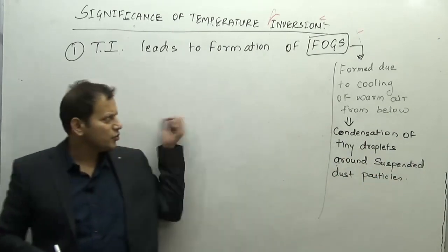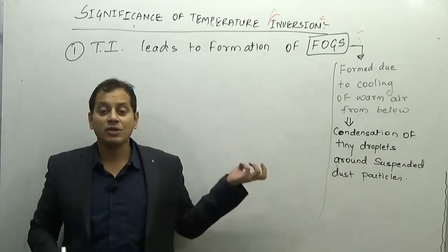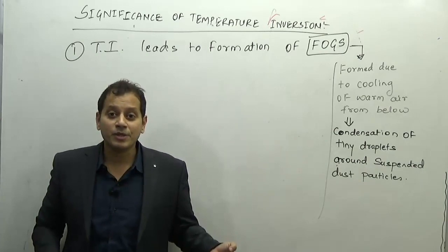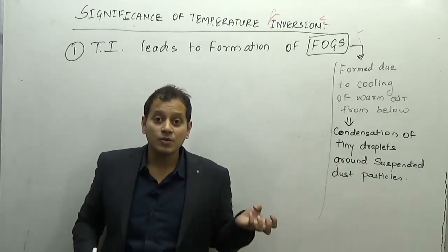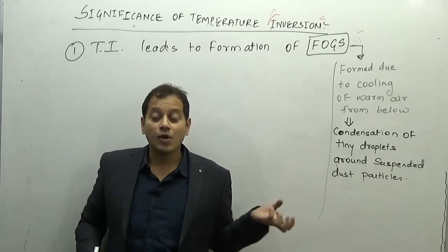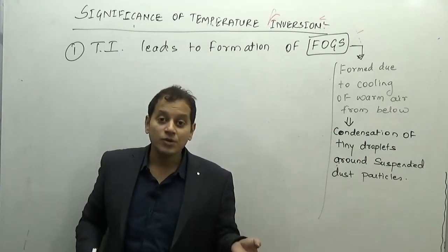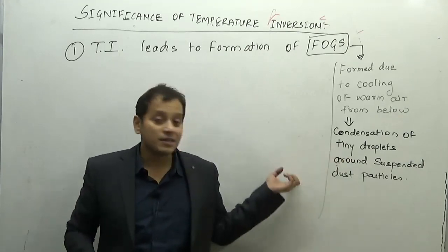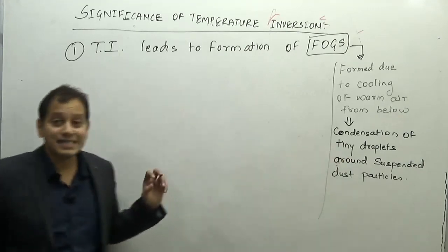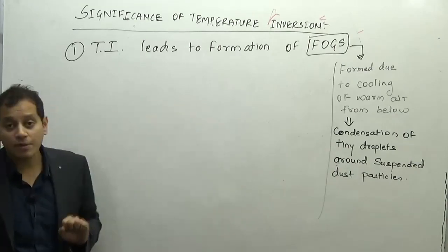That is, there are numerous dust particles and we know that they act as hygroscopic nuclei. So due to cooling, there is condensation. It results into condensation of these tiny droplets around the dust particles. So this is the formation of a fog.